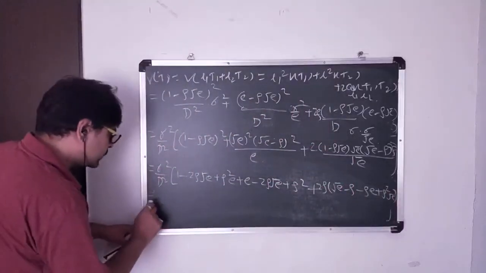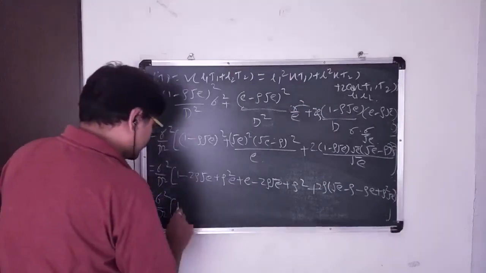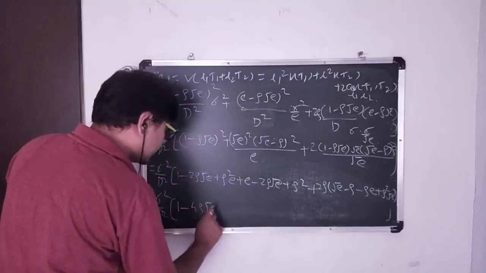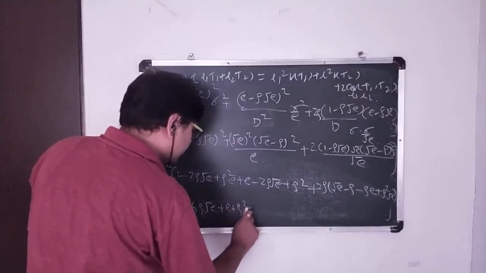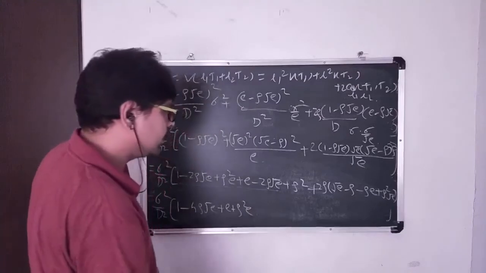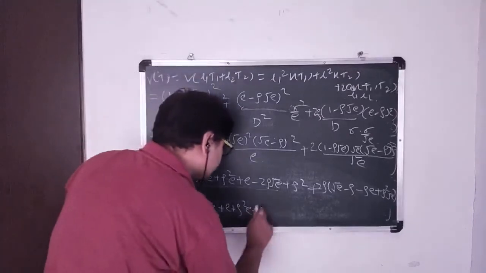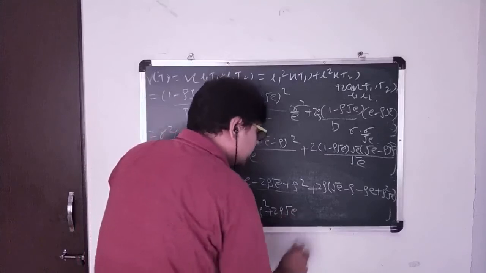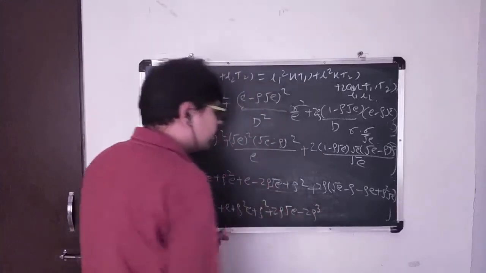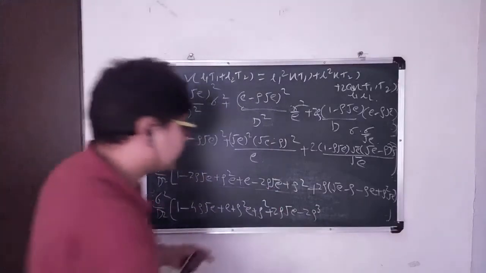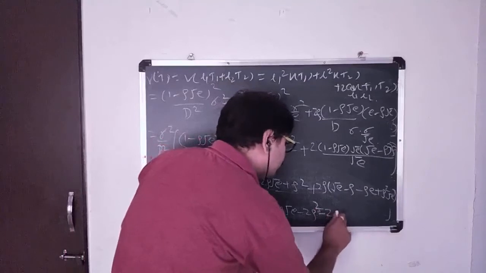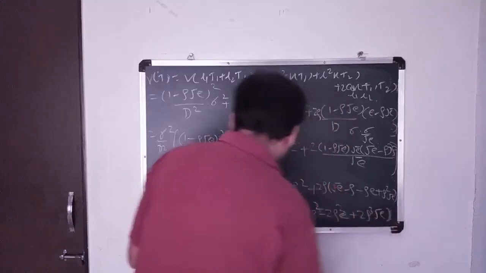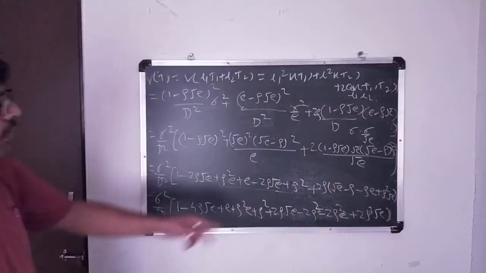So sigma square upon D square, 1 minus 2 rho root E, minus 2 rho root E is minus 4 rho root E, plus E minus rho square into E, these form terms here, plus rho square, plus multiplied this 2 rho root E, minus 2 rho square, 2 rho square minus 2 rho square into E plus 2 rho cube into root E. So we have multiplied this bracket by this here.